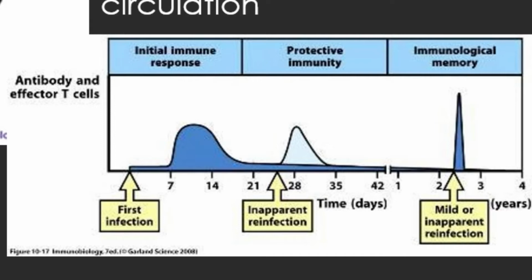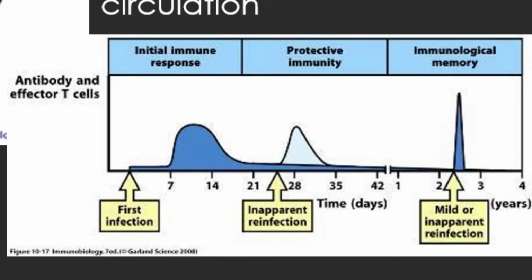So you're talking about an exposure to antigen that's occurring more than 2 years after the initial infection. And notice how strong and rapid the response is, right? Which we can see because of the strong, rapid, measurable increase in the antibody and effector T cells. So again, you have such a fast and strong response that either you don't even notice you're sick, or it's so mild you wouldn't even really call yourself sick at that time.